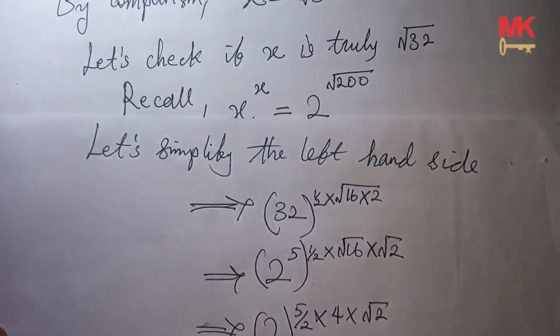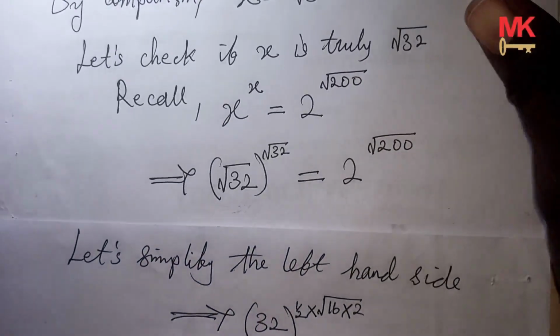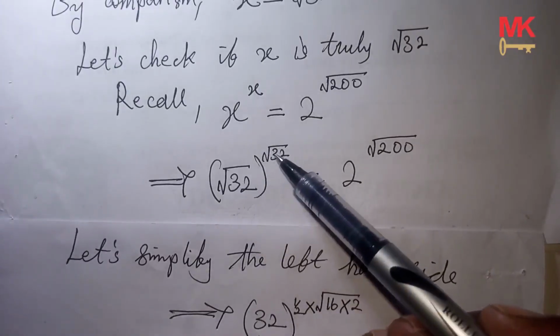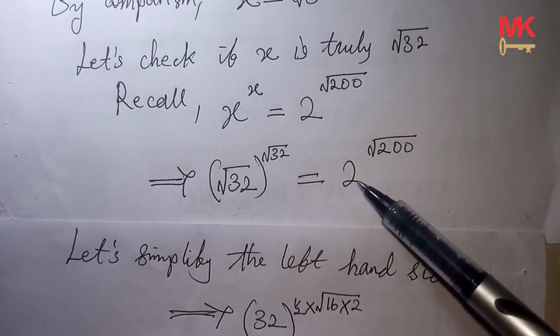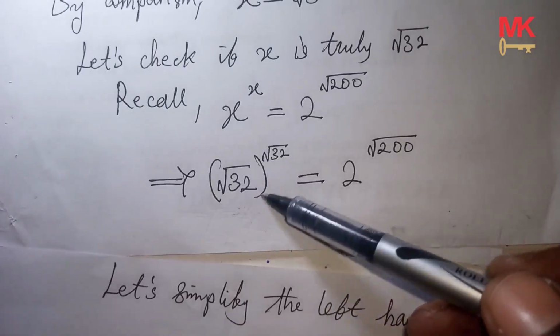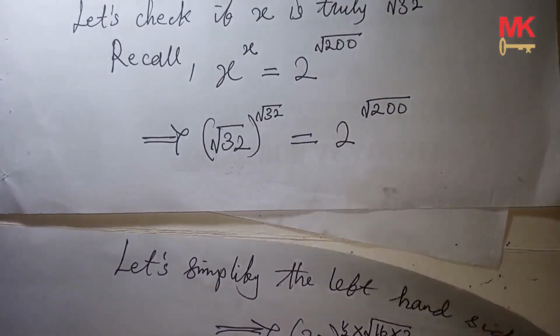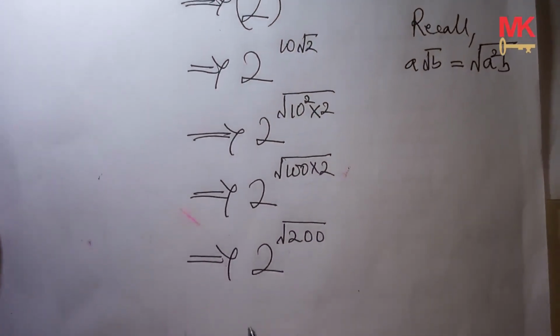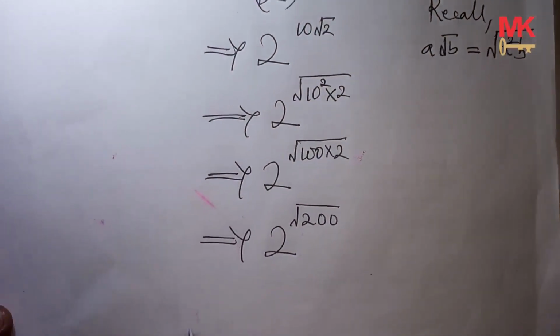We can now see that root 32 raised to power root 32 is now equal to 2 raised to power root 200. So you can see that this whole part here is the same as 2 raised to power root 200.